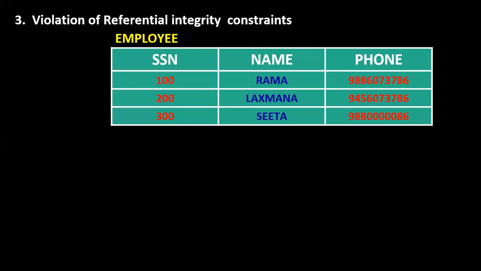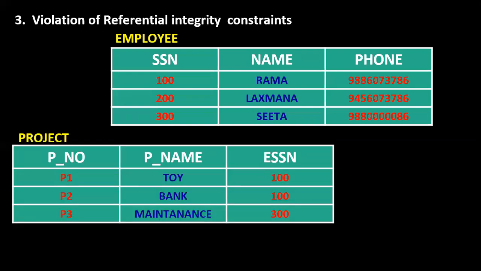Now in the referential integrity constraint, I want to change a value in the foreign key table. Initially the values are acceptable, because there is no violation of key or foreign key here. Initially project 3 was handled by SSN 300. Now I want to change the employee handling project P3.